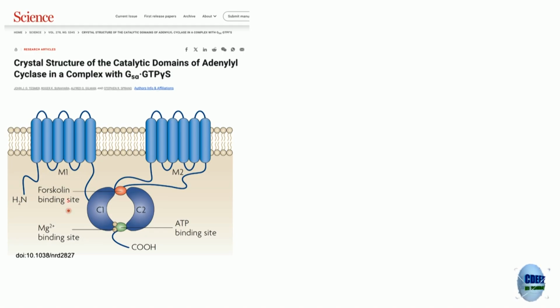It has an ATP binding site, and there are magnesium ions which are very important to stabilize the ATP binding. So that's how we know the structure of this adenylyl cyclase today. Tesmer et al. were the first people in 1997 to get the structure of this.